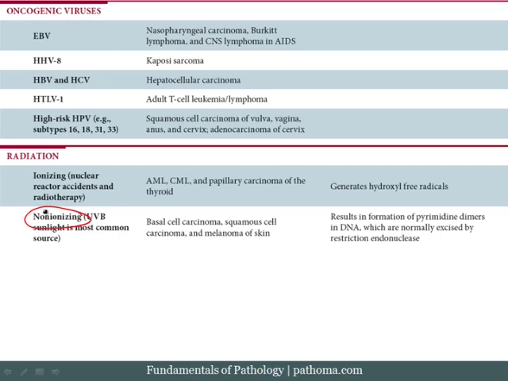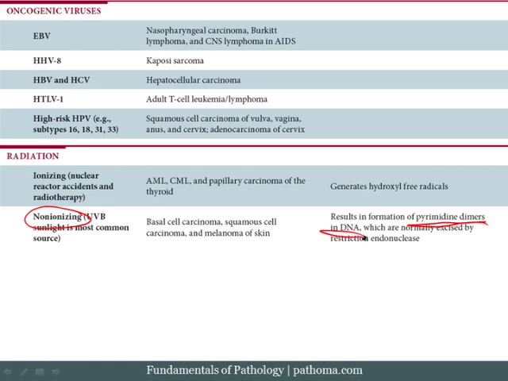All of them are skin cancers: basal cell carcinoma of the skin, squamous cell carcinoma of the skin, and melanoma of the skin. So these are the three key tumors that are associated with non-ionizing radiation. Non-ionizing radiation damages DNA by creating nicks within the pyrimidine dimers of DNA.